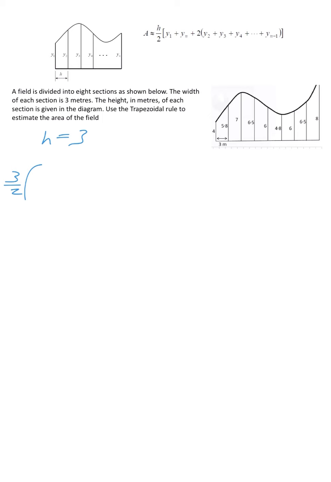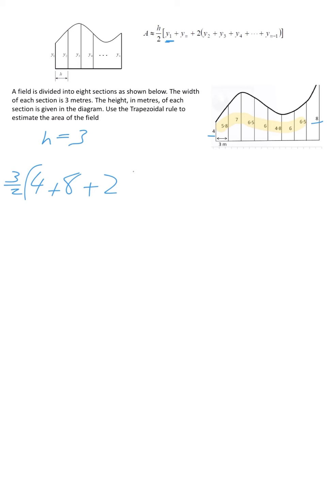Then y1, that's the first term, so that's going to be 4, plus the last term, which is 8, plus 2 times now the sum of the rest of the terms. So that is going from 5.8 to 6.5.